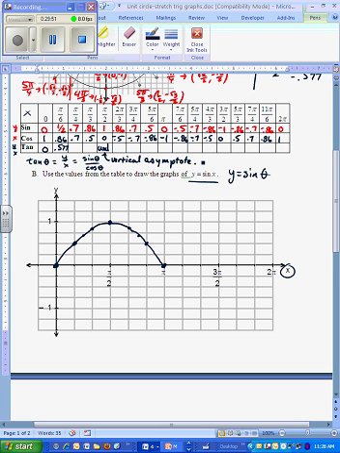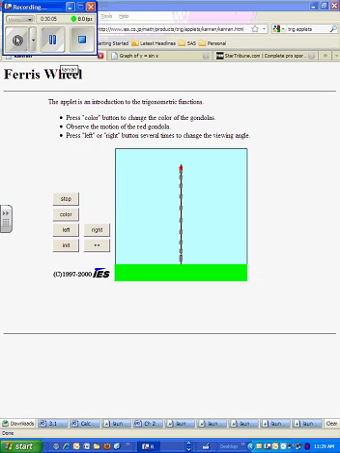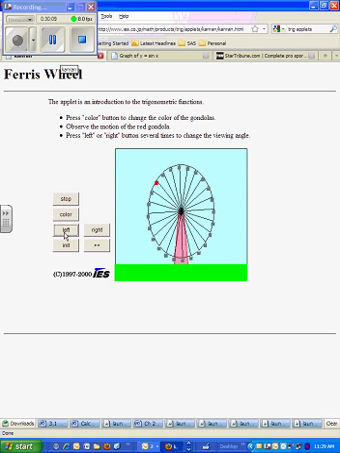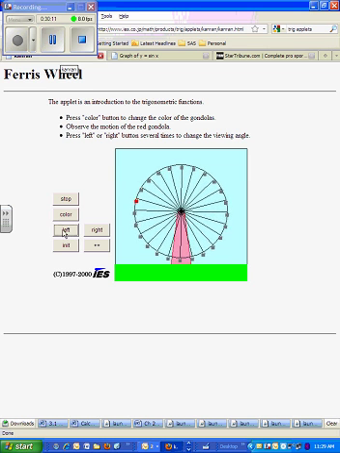So finish up this worksheet, and I'll try to post the key, but you should be able to do most of this. I assume you have some familiarity with this, maybe not so much with the radians, but you've graphed these things before.